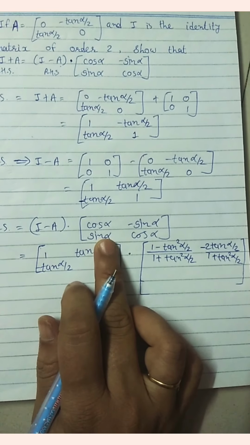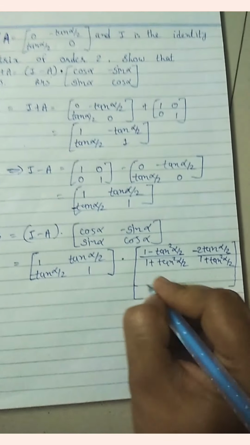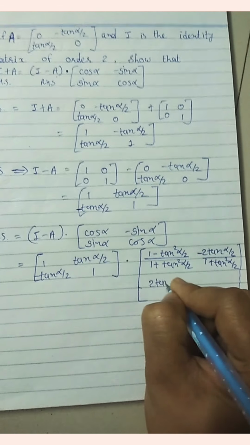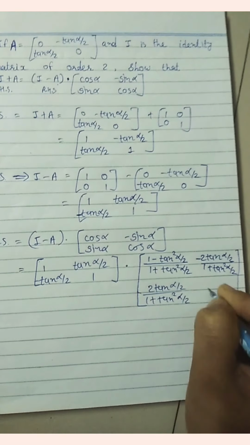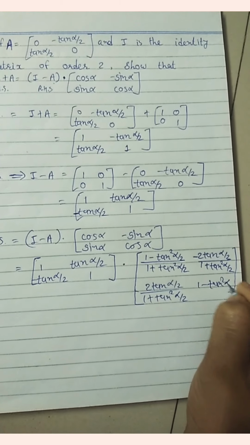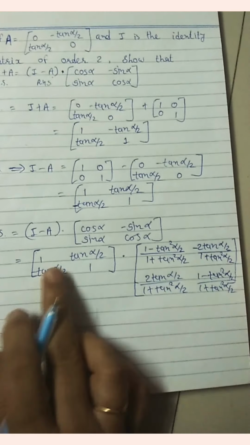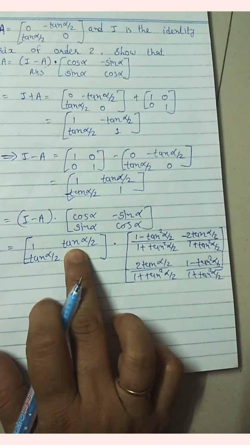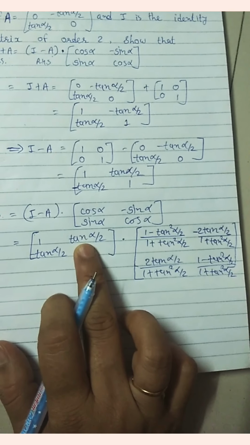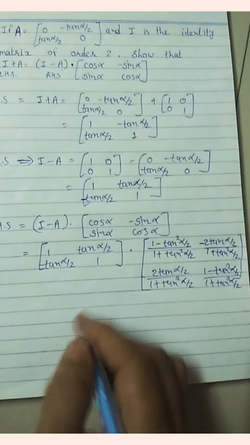Again I am using the same formula for sin alpha and cos alpha here. So 2 tan alpha by 2 upon 1 plus tan square alpha by 2, here 1 minus tan square alpha by 2 upon 1 plus tan square alpha by 2. You can assume in all the places, in place of tan alpha by 2, you can assume it as t, so your multiplication will go easier.